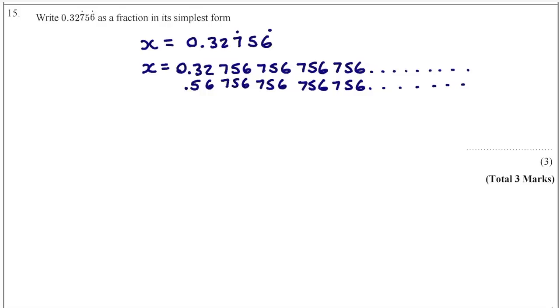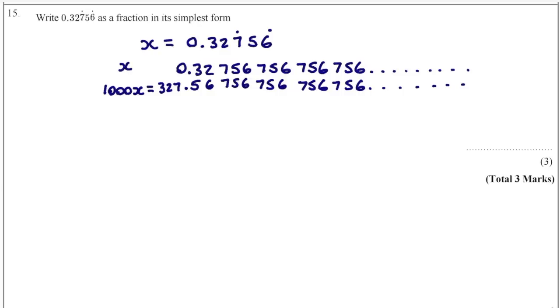Because it's 0.327 that we're interested in, we have to multiply by 1,000 in order to get the 567 after the decimal point. So we get 1000x equals 327.56.